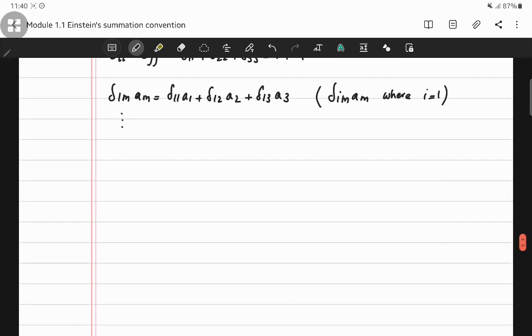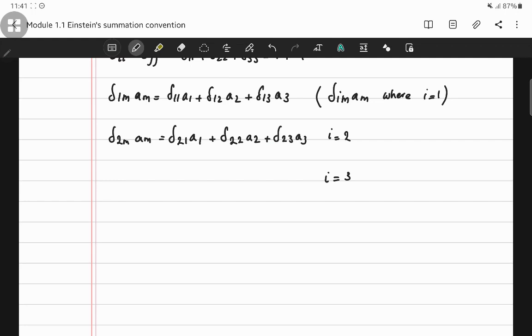So when i is equal to 2, this is delta 2m am: delta 2 1 a1, delta 2 2 a2, delta 2 3 a3.